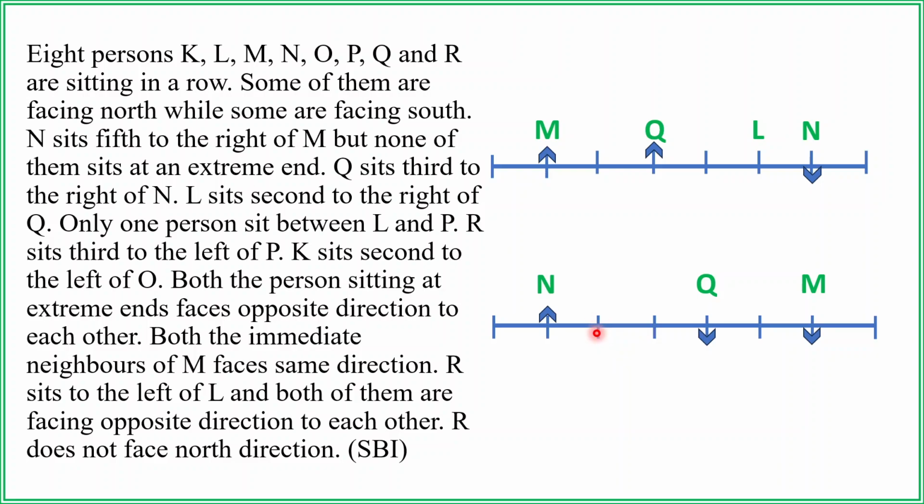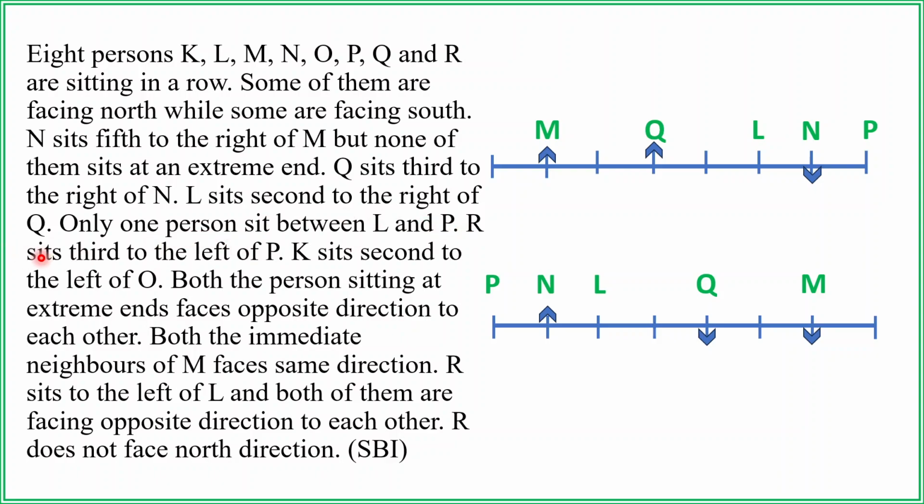So L will be placed here because it's second to the right of Q. Only one person sits between L and P. So we cannot place P here because between L and Q there is already one person. So we will place P here in case number 1. Similarly, in case number 2, we are going to place P here.